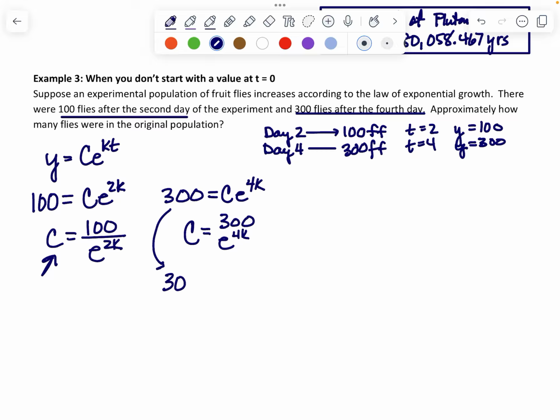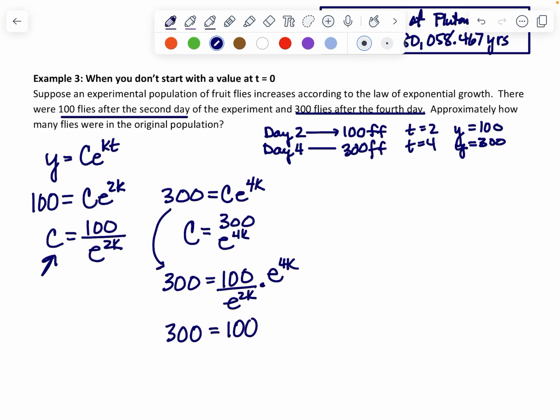So I have 300 is equal to C, which is 100 over e to the 2k. Okay, that's my C value that I'm using. And then I have times e to the 4k.